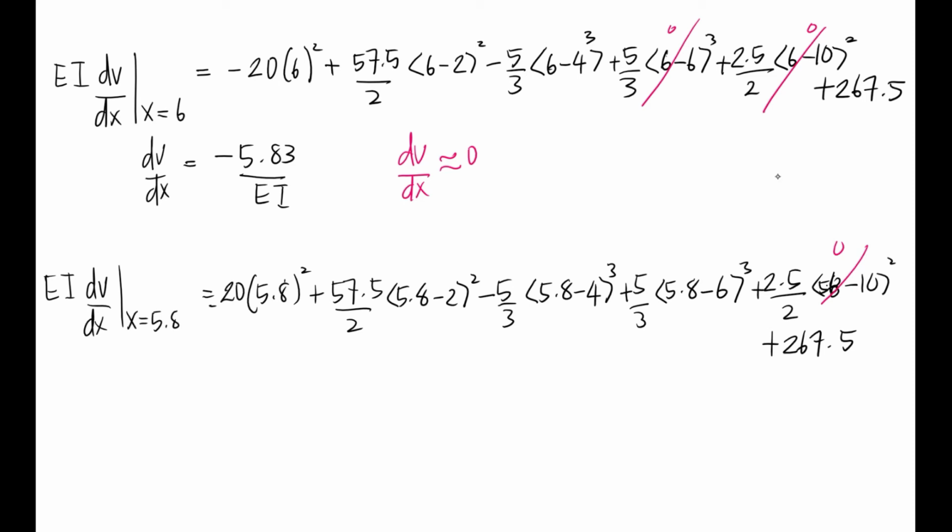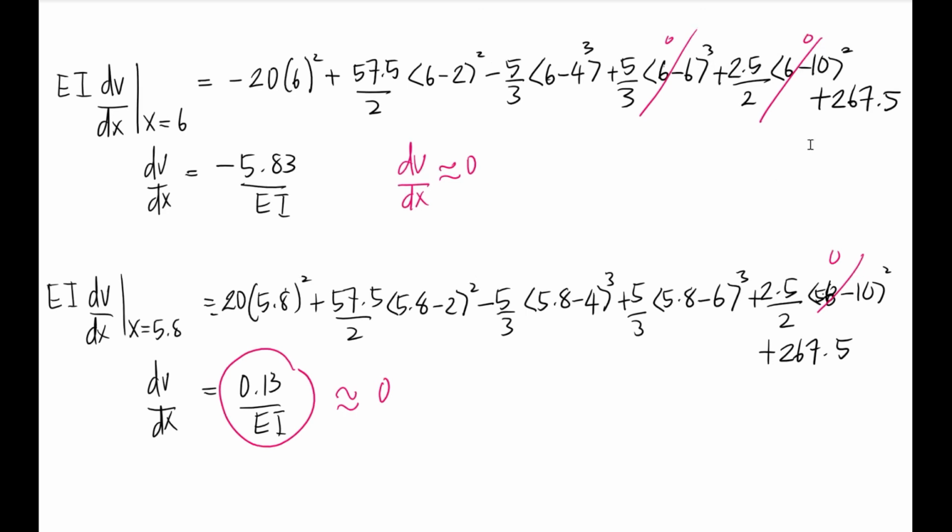Then we can find dv over dx is equal to 0.13 over EI. So in here we can see it is approximately equal to 0.